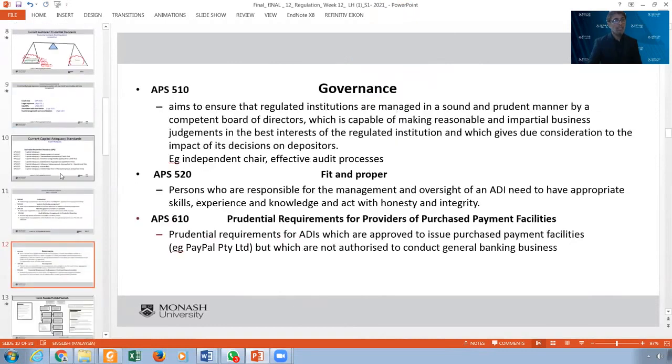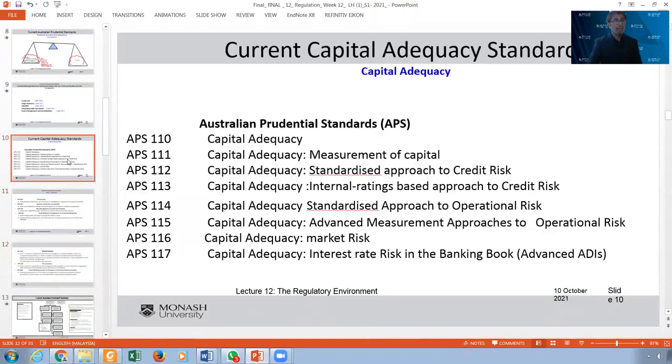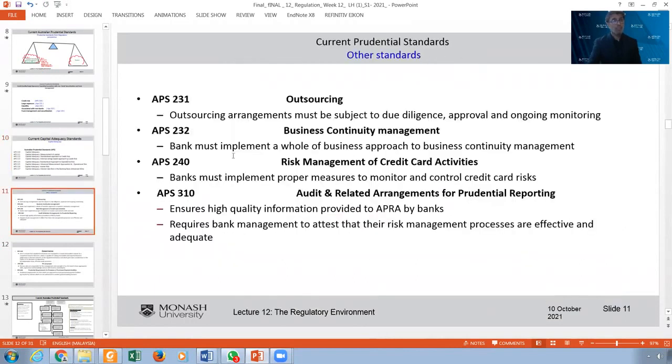Now let's see what covers the other issues. We have APS 231 talking about outsourcing, which is, if the bank wants to outsource to some other body, company, or party to perform any banking services for them, then this has to be operated under 231.